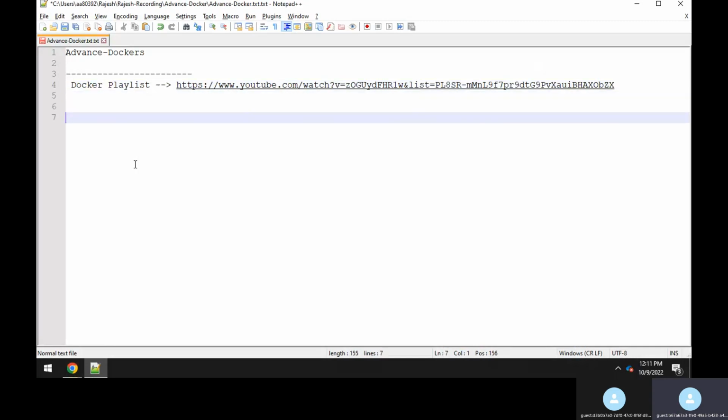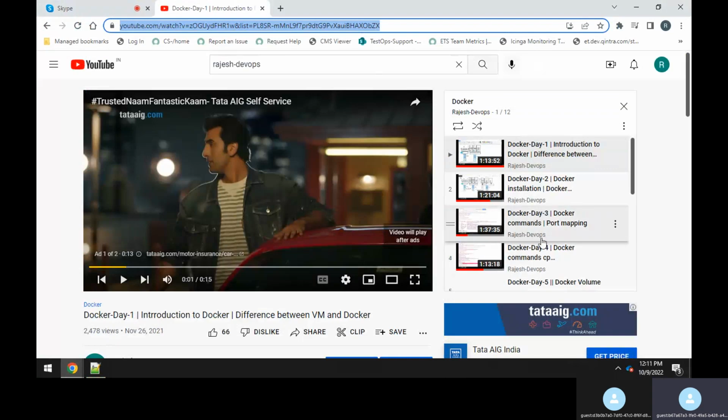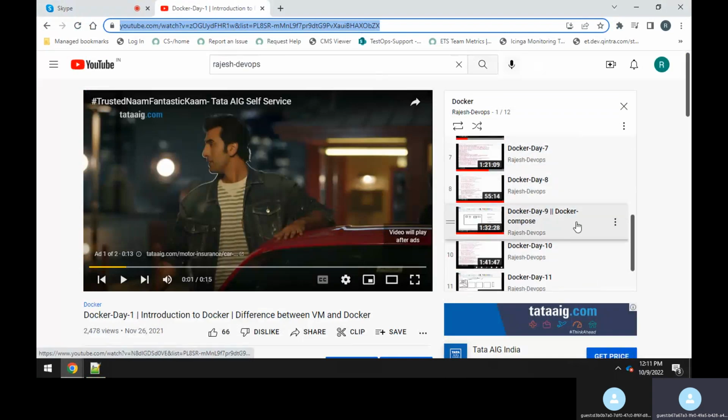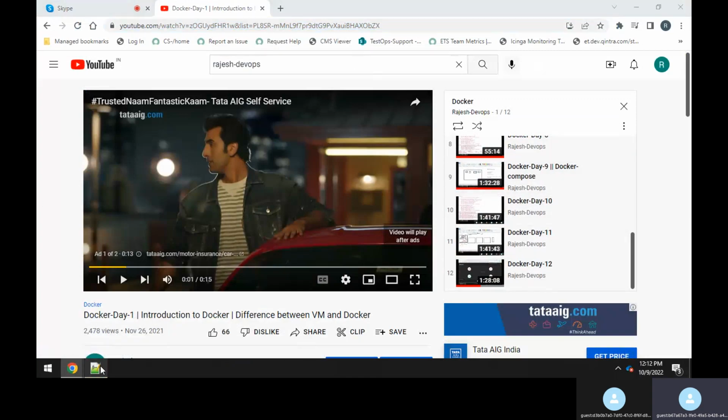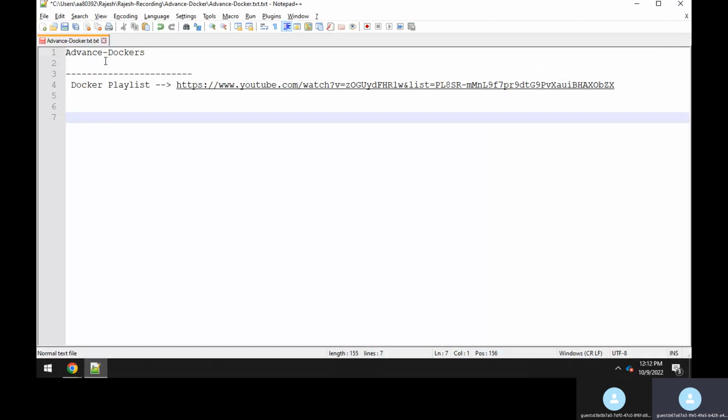Of course, there are a few things which we might not have explained in detail, or a few things which got missed. That is what we would be covering in our advanced Docker topics.